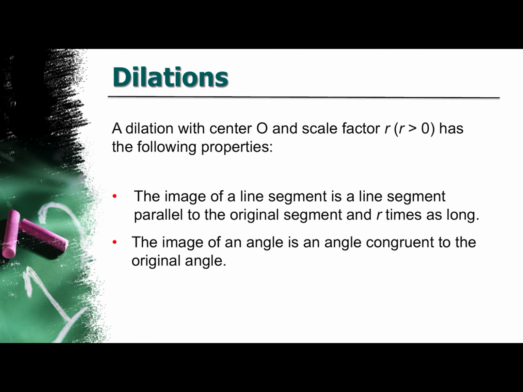Okay, so here's the key to remember. The image of a line segment is still a line segment, but it is r times as long. So whatever the scale factor is, it will be that many times as long as the original. But the image of an angle is still an angle, and it's the same angle, and it doesn't change size.